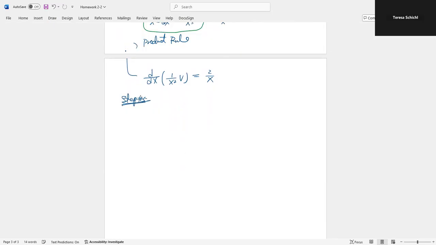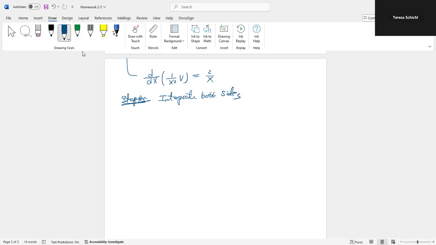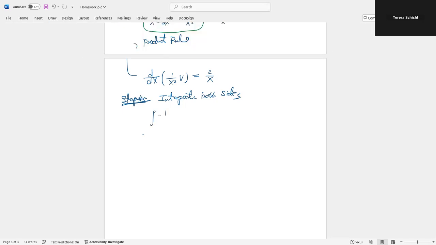Now we integrate both sides. Okay, so when I integrate both sides, as you can see here, it will be the integral of d/dx of 1 over x squared v equal to the integral of 2/x dx. So here, this is the derivative and integrated by the fundamental theorem of calculus.